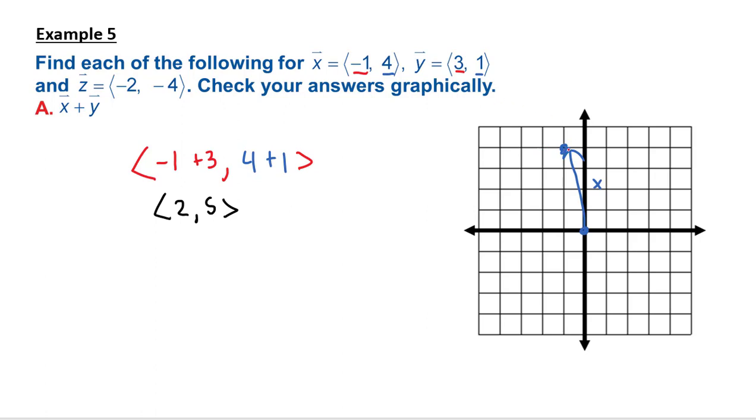It's a positive 3. So I go 1, 2, 3, up 1. So that's y. What's my resultant? My resultant coming from the origin up there is x plus y. What are the coordinates of this point? 2, 5. Okay, so that's all you're doing.